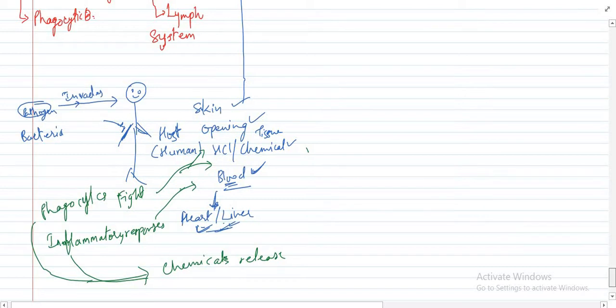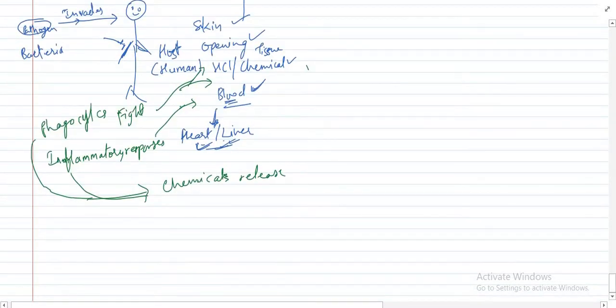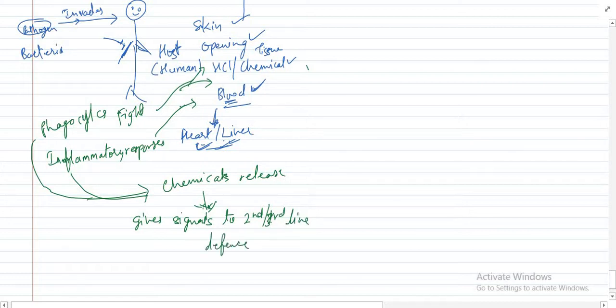It gives signals to the second or third line defense, right? So actually, as I told you, these contain some cells.